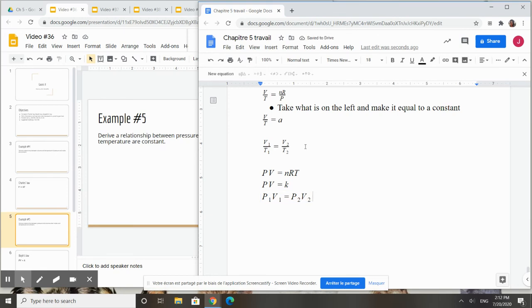The difference here is that this was a fraction and this is multiplication. So this is a direct relationship, whereas the relationship that we just derived is an indirect relationship.